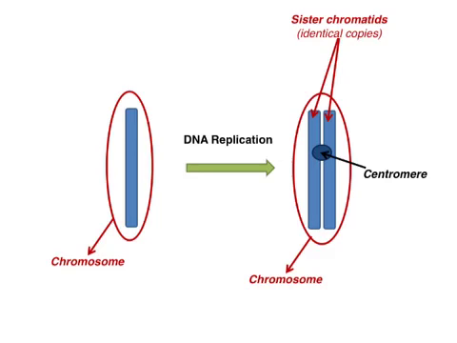Now, when a cell undergoes DNA replication, this has to happen before that cell divides. DNA replication happens before a cell goes into mitosis. It also happens before a cell goes into meiosis.